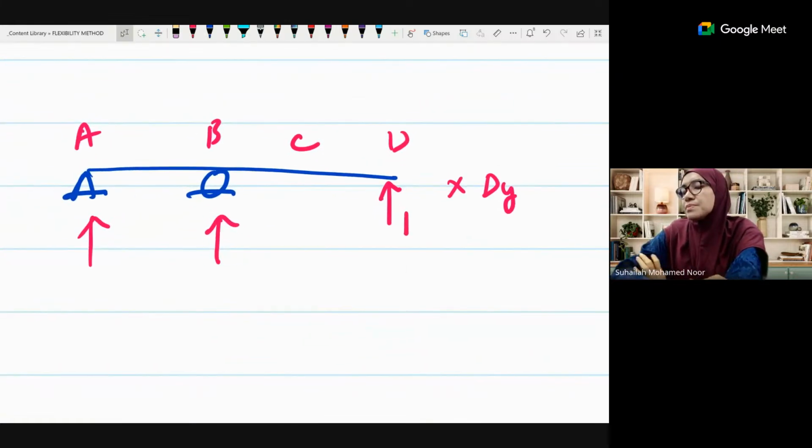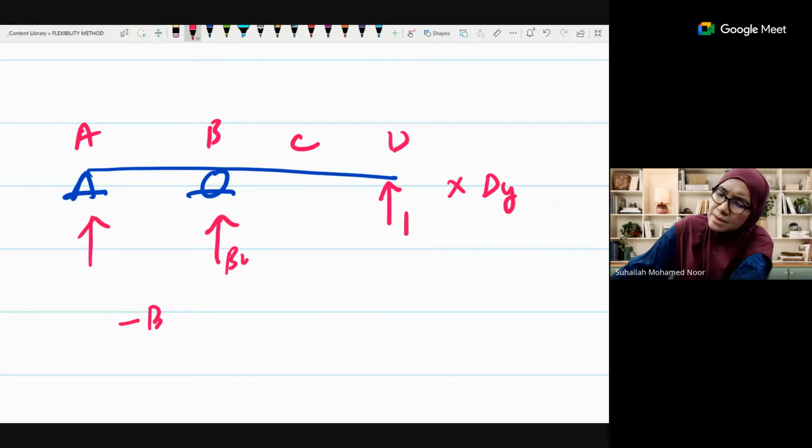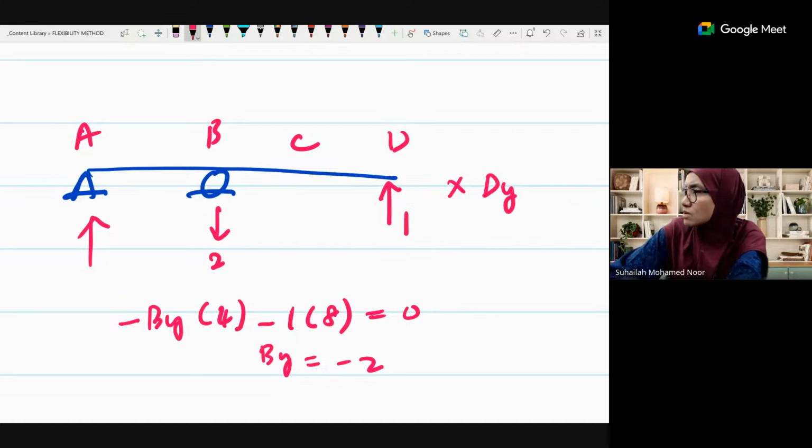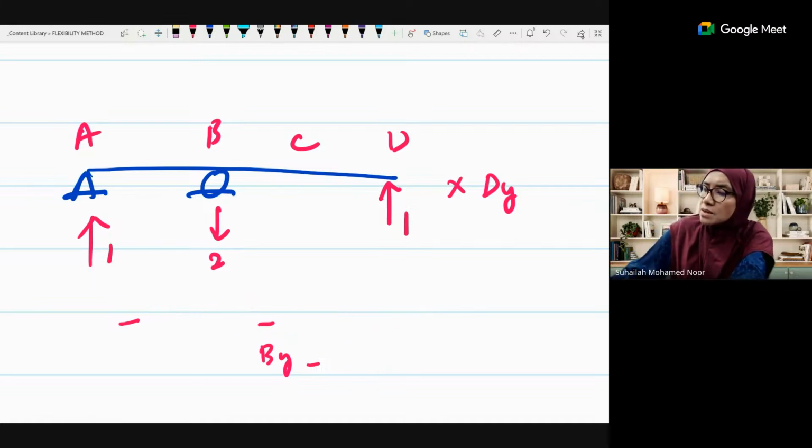Move to this. Okay, minus BY, here BY, right? Minus BY times 4, minus 1 times 8. Correct. Okay, so BY we get 2. Negative 2. BY gets negative 2, right? So this one is 1. Okay, so now we have all the reactions.